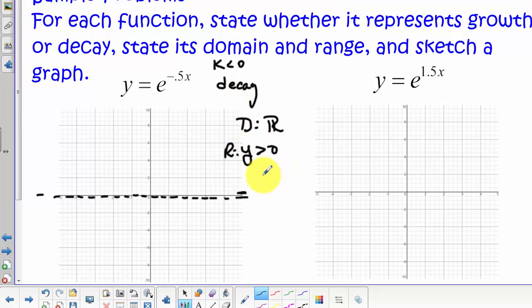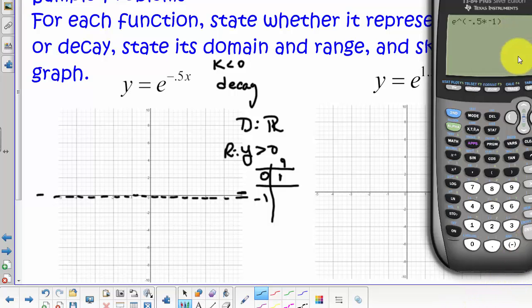Now we can just make a table with a couple points. Let's put in 0 and negative 1 and calculate the y. If we put 0 in, we have e to the 0 power. Anything to the 0 power is 1. Let me bring up a calculator.